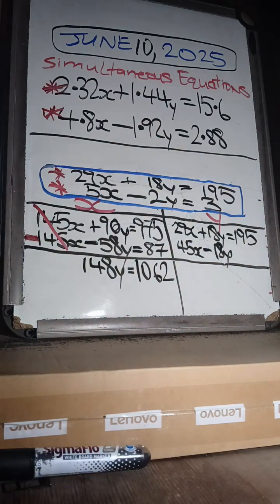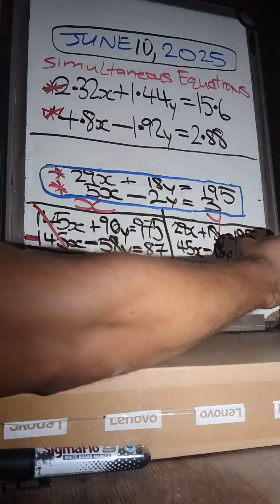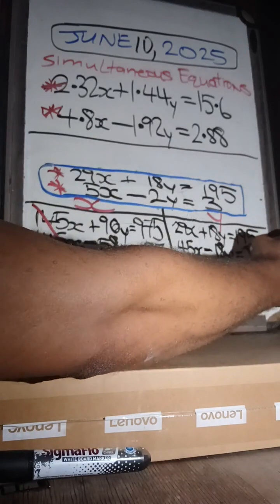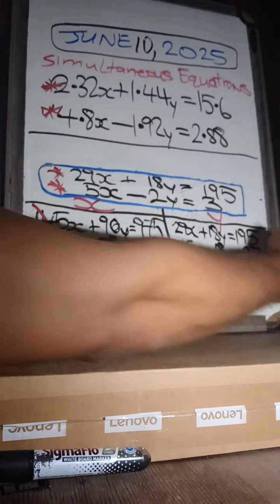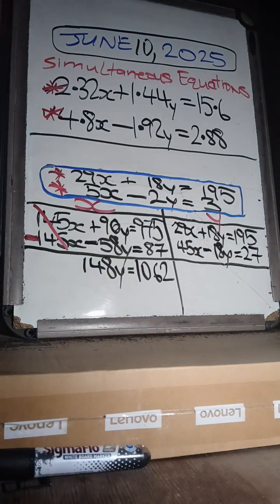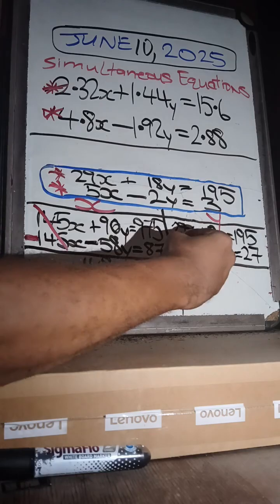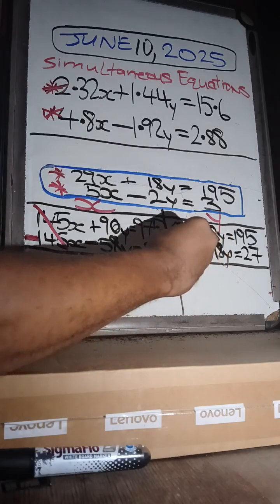And then 27. Alright. So they had the same sign over here. I will subtract, but because the signs are different, we are going to add them now.